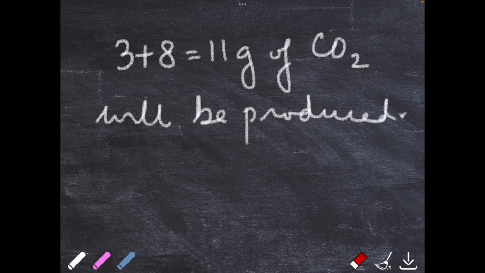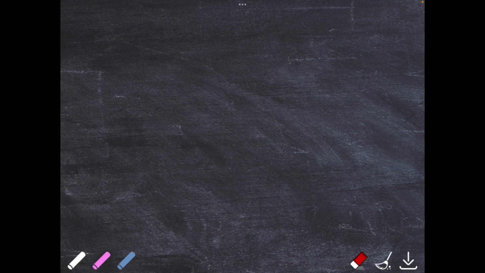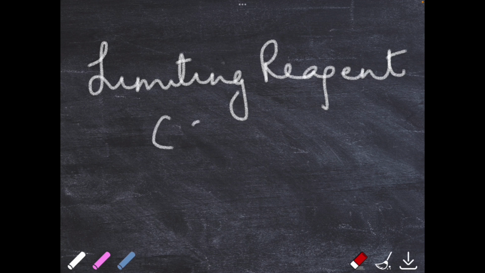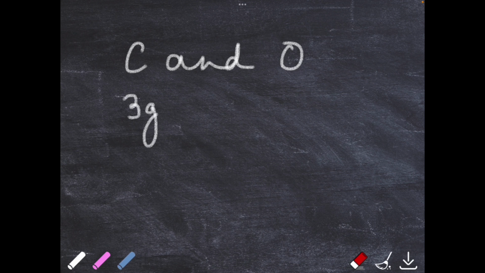Another term which we come across here in this law of definite proportions is the concept of limiting reagent. As you can see, amongst the elements which are given to us, carbon and oxygen, we have 3 grams of carbon and we have 50 grams of oxygen.